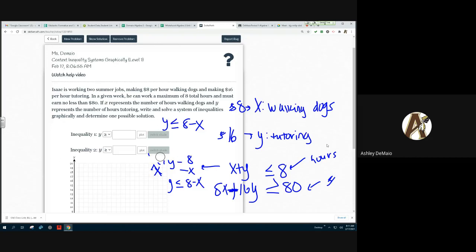Right, and now we want to look at our second inequality that we have and rewrite that. So we have 8X plus 16Y is greater than or equal to 80. Okay, 16Y would be greater than or equal to 80 minus 8X because we wanted to subtract 8X from each side, so it cancels out.